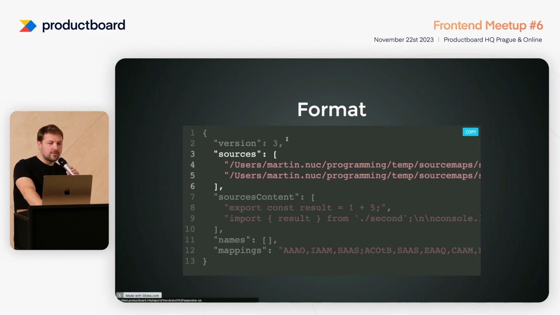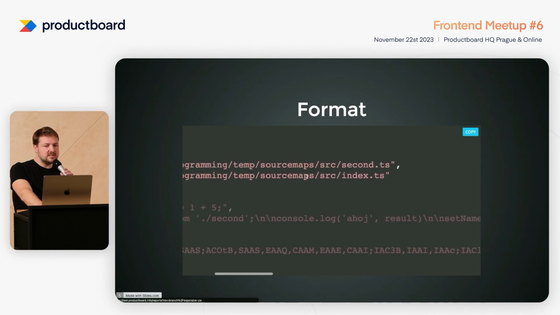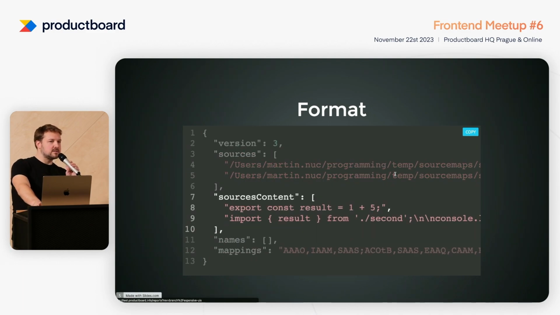Then the second key is sources. And this is really just a list of your files. Every file which got compiled and minified is listed here. The next key is sourcesContent. And here you can notice that it has the same number of elements as the sources array.